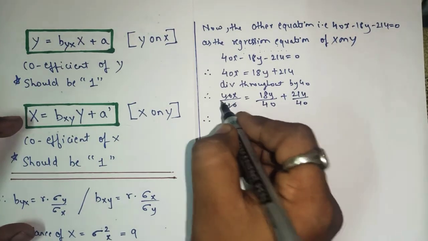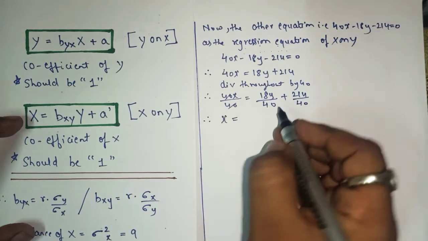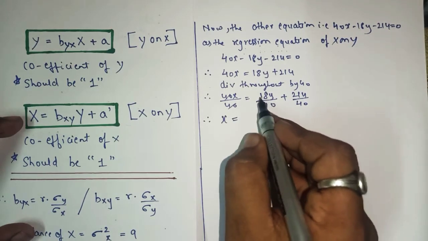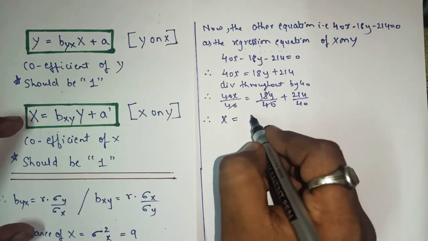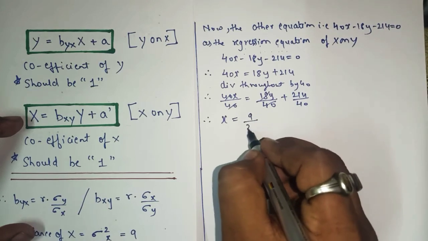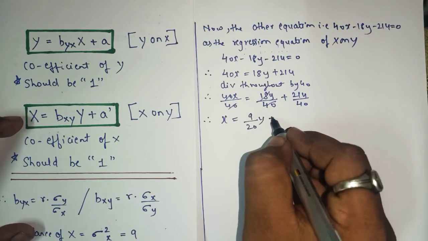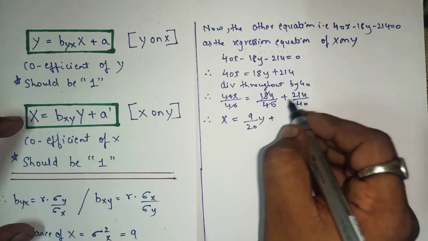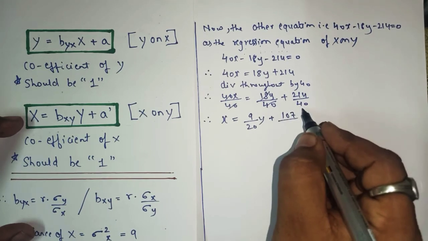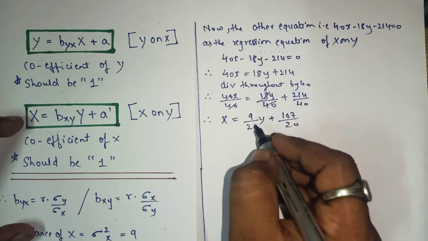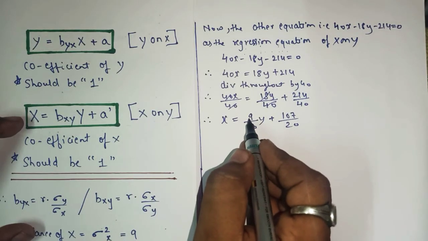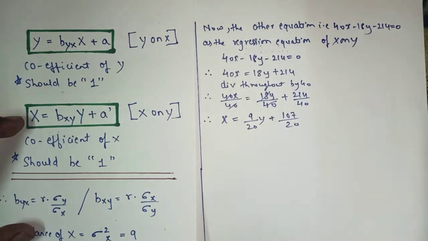So this 40 will get cancelled, so here we are left with x. Here we can reduce this number by 2, 2 9s are 18, 2 20s are 40. This can be written as 107 upon 20. Further, you cannot cancel this number, as here we have an odd and an even number.